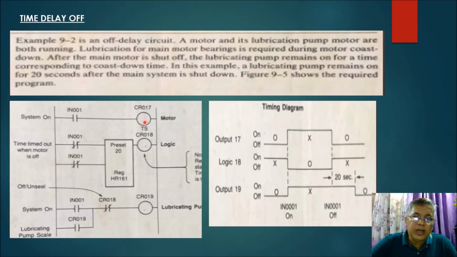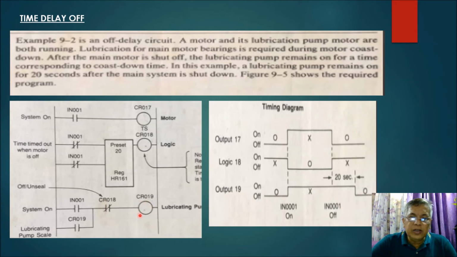If this is energized, then this CR19 will also energize. Why? Because when you turn on input 001, this will also turn on, energizing your CR019 because the current can now flow towards your lubricating pump motor.